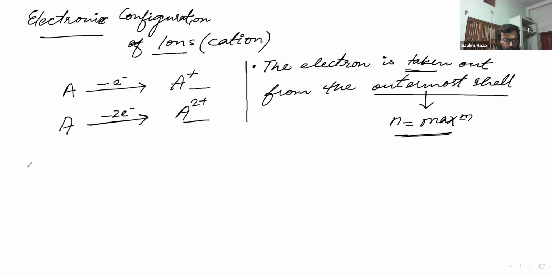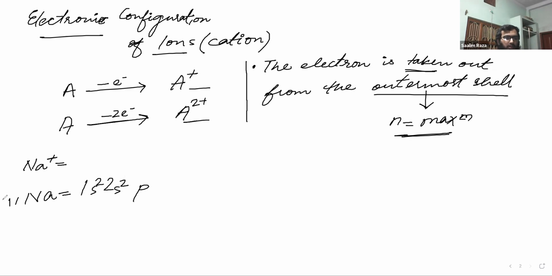For example, give me the electronic configuration for Na plus. When you are asked for the electronic configuration of Na plus, what you will do is first write the electronic configuration of sodium, Na. What will be the electronic configuration of sodium? 1s2, 2s2.